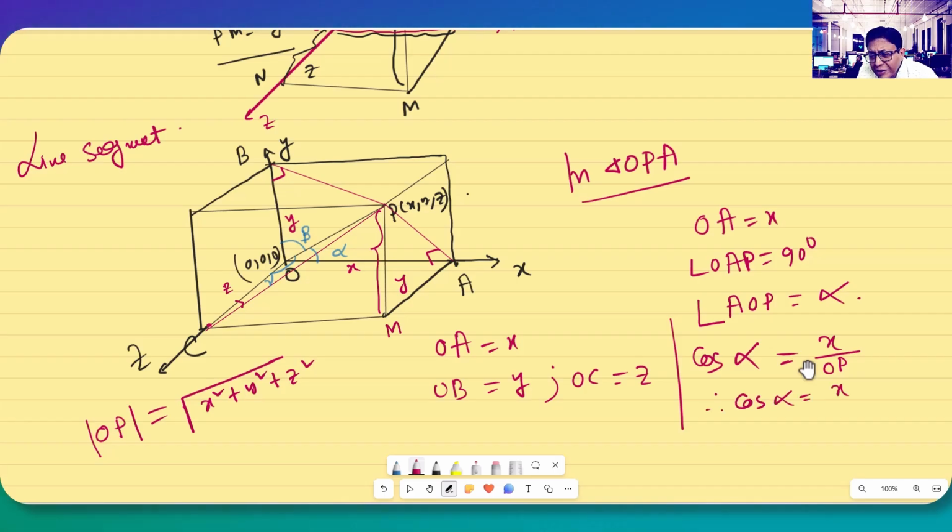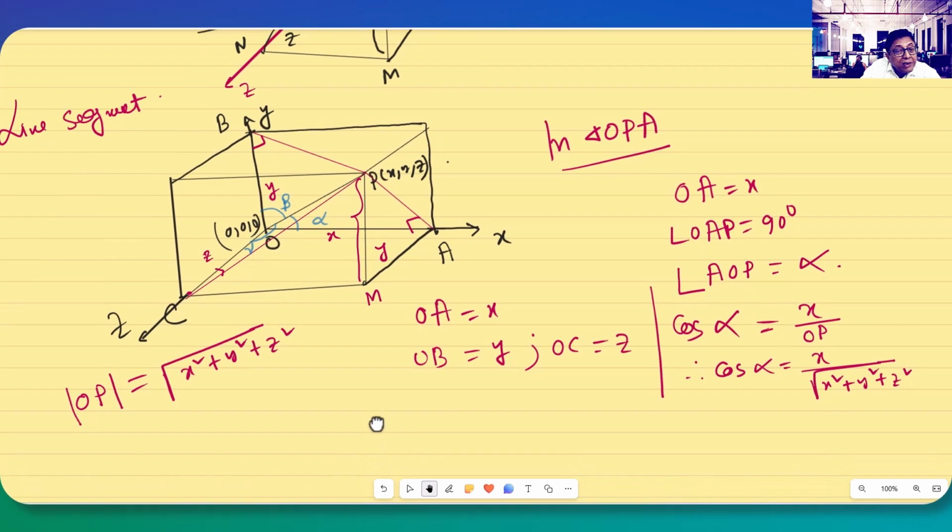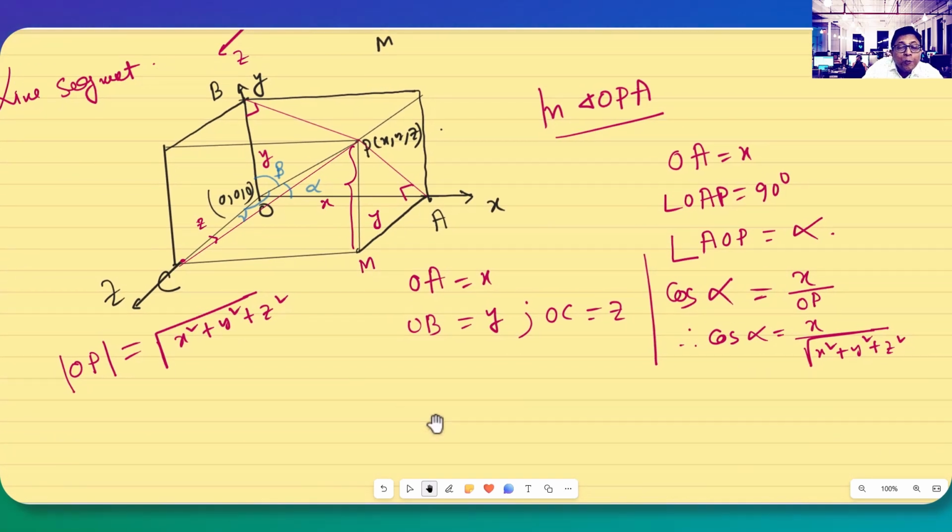Cos alpha is x by under root x square plus y square plus z square. So, cosine of the angle made by the line segment OP is given by this: cos alpha equal to x by root over x square plus y square plus z square.